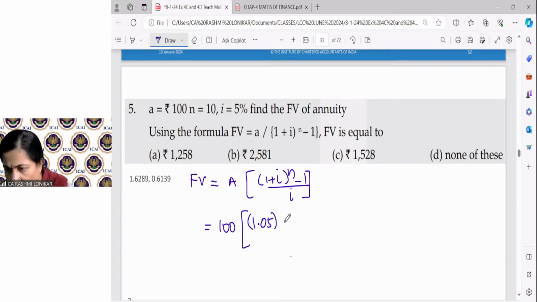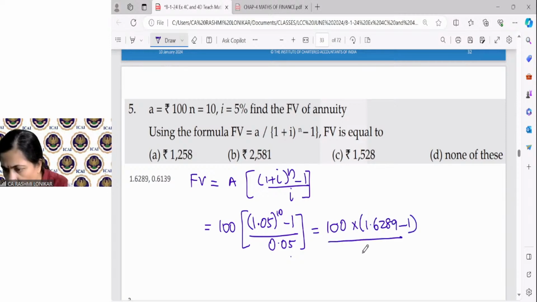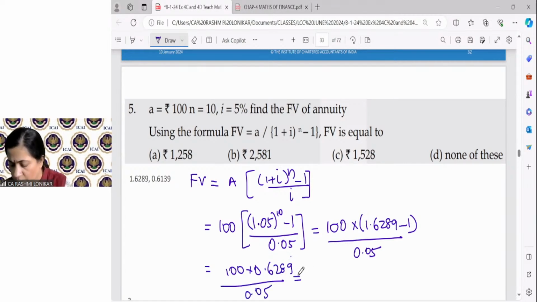Raised to 10 minus 1 upon 0.05, which is equal to 100 into 1.6289 minus 1 upon 0.05. This is equal to 100 into 0.6289 upon 0.05.